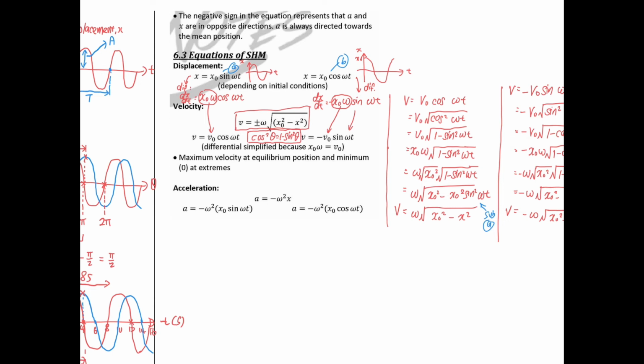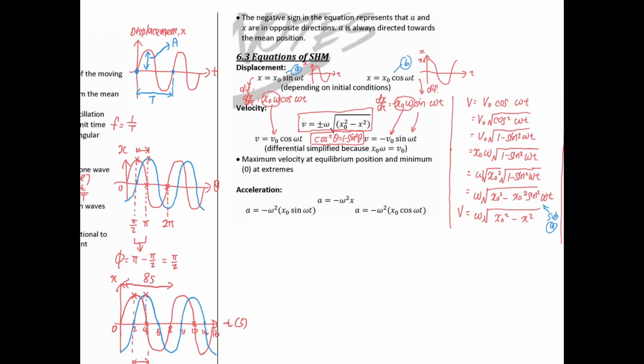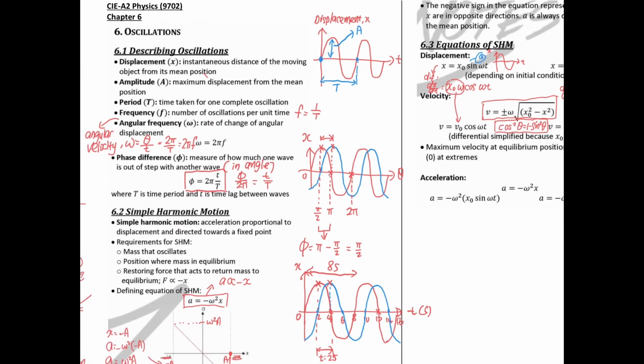Let's see more information. This point says maximum velocity at equilibrium positions and minimum at extremes. To understand this is not too hard. Let's see the example of our pendulum bob.